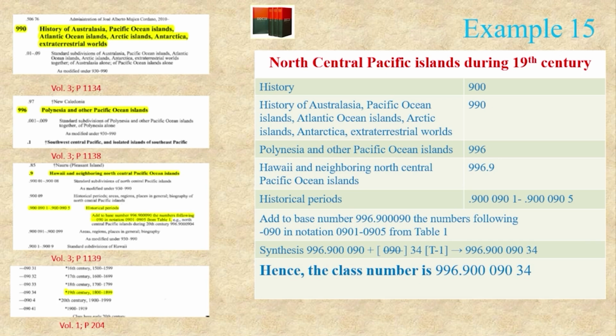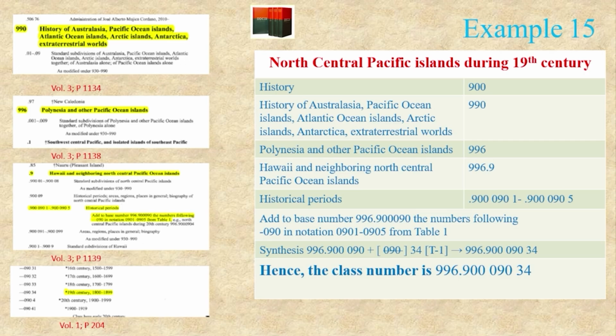For historical periods, the number cover under 0.900, 09012, 0.900, 0905. Here there is an instruction. What is the instruction? Add to base number 996.900 the number following 090 in notation 0901-0905 from table 1.